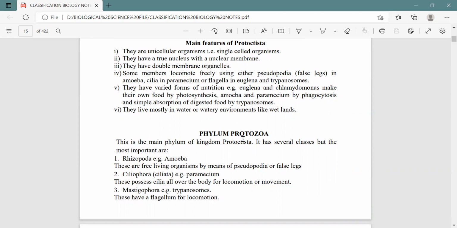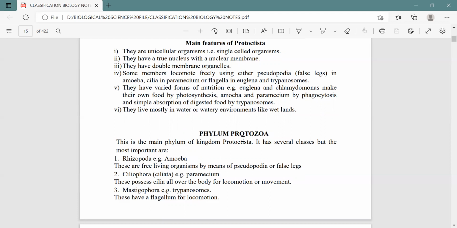Protoctists have varied forms of nutrition, such as Euglena and Chlamydomonas. They are able to synthesize their own food, while amoeba and paramecium cannot synthesize their own food, and they feed by phagocytosis.